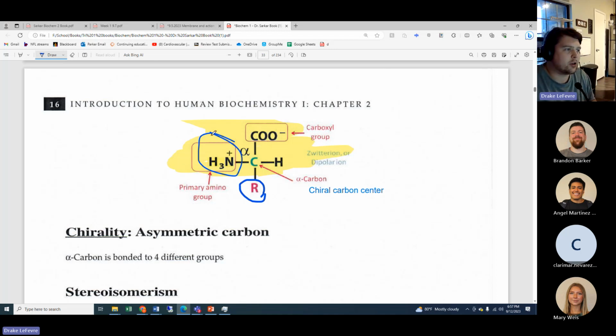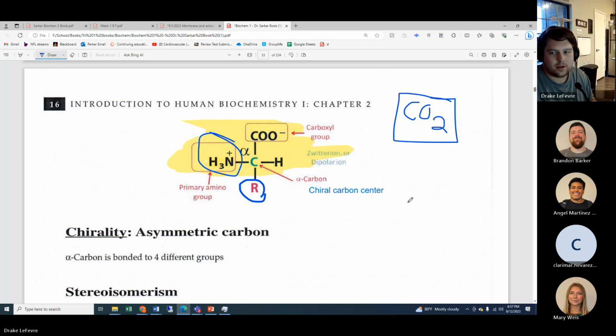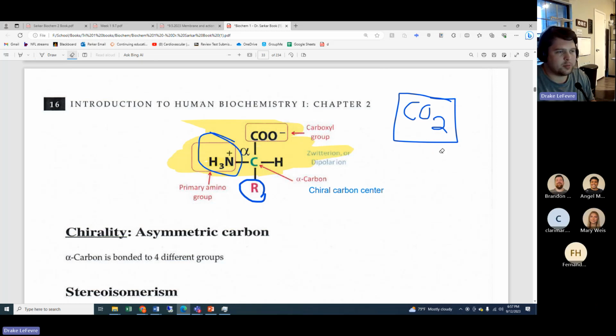You have the amino group, you have a carboxyl group, and C double O, what's another way to say a carbon with 2 oxygens? CO2, right? So a carboxyl group is literally a carbon dioxide.